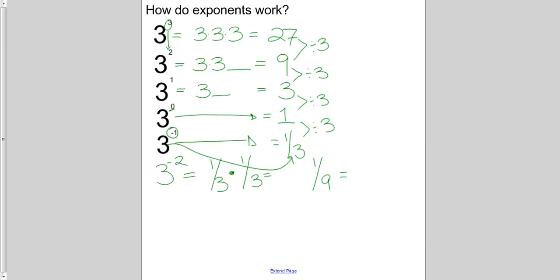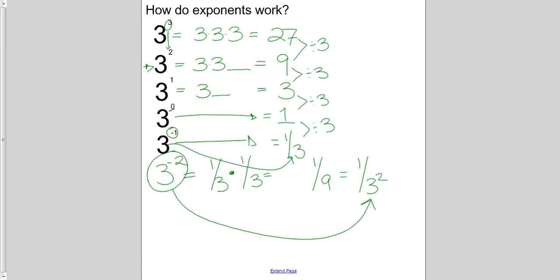Now bear with me here, because if we look back at what we had in our second step, we know that that 9 is 3 to the second power. So 1 over 9 is the same as 1 over 3 squared. So if you look at what we have here, 3 to the negative 2 ends up as 1 over 3 to the second power.